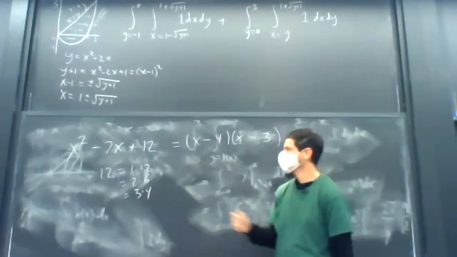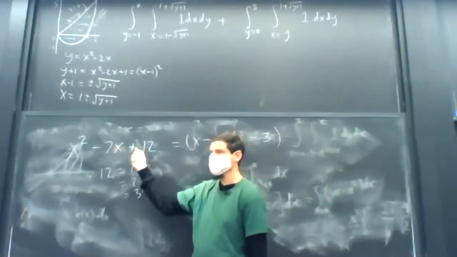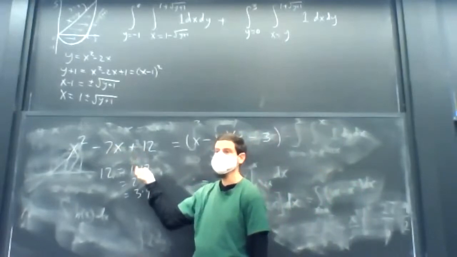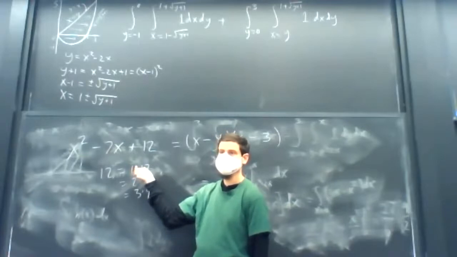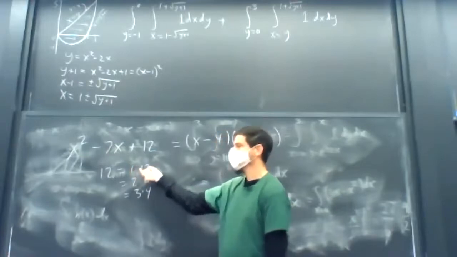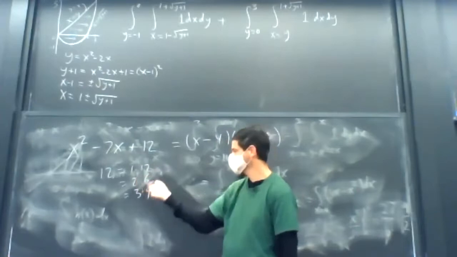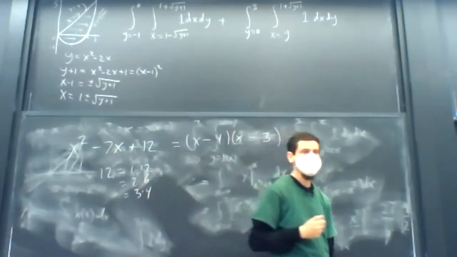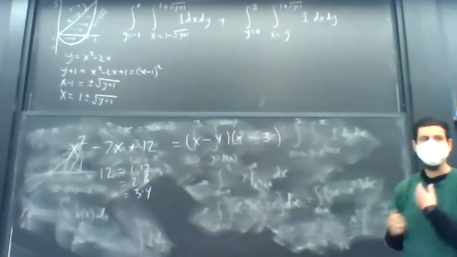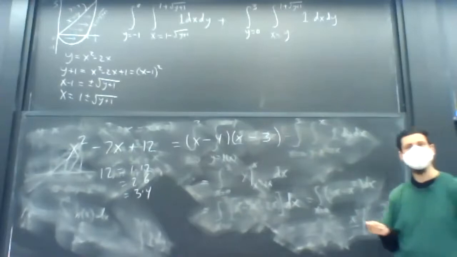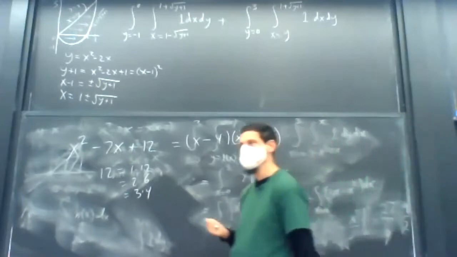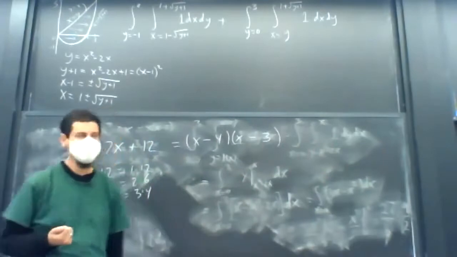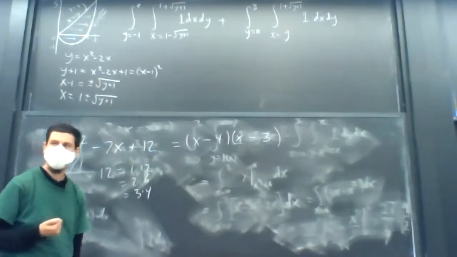And so, because it's the negative 7 here, and this is a positive, the signs have to both be negative. And so it's either x minus 1, x minus 12, x minus 2, x minus 6, x minus 3, x minus 4. As your number has more and more factorizations, it gets to the point where if you can't just see it, it's going to be faster to just use the quadratic formula.